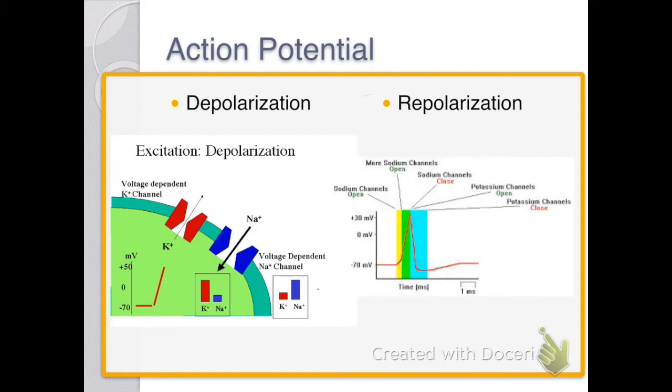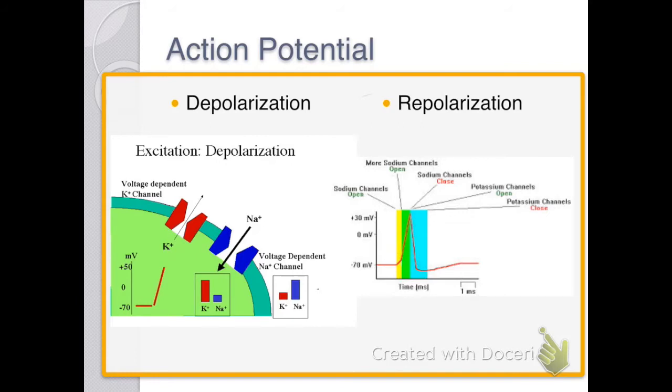But now there's been some sort of stimulus at some sort of receptor. So let's say that someone touches your arm. That would be a stimulus that would cause a neuron to fire. When a neuron fires, the internal chemistry changes drastically.